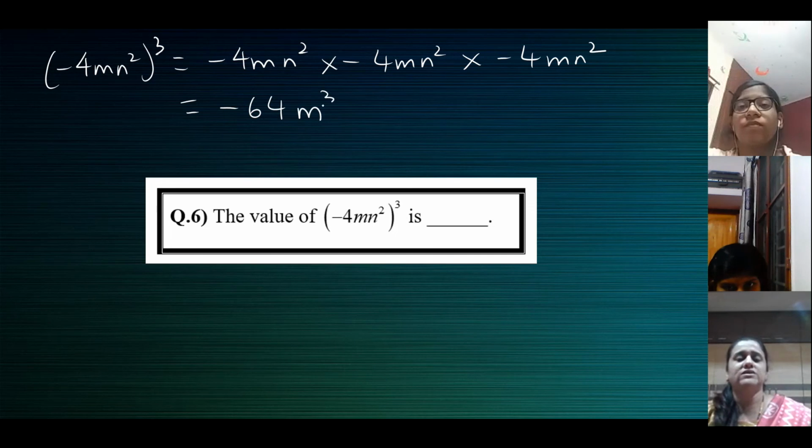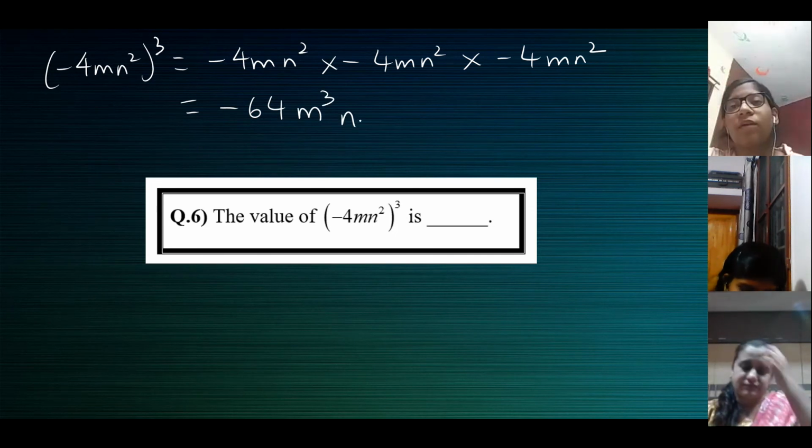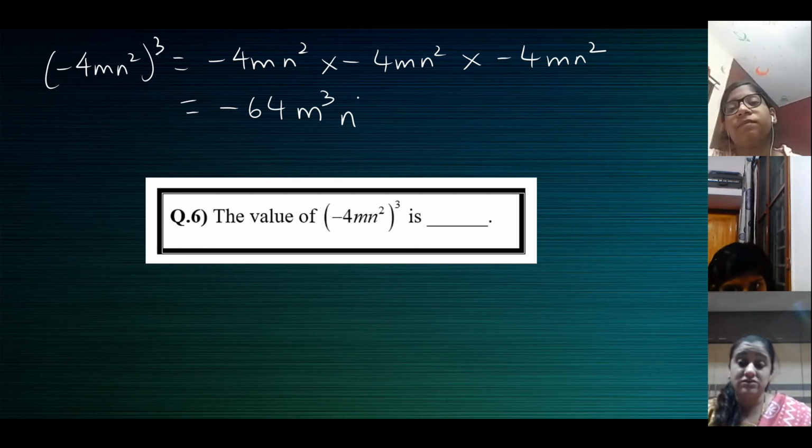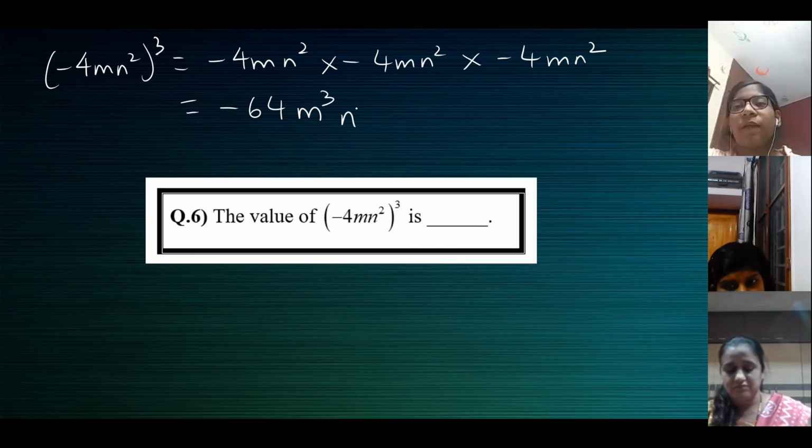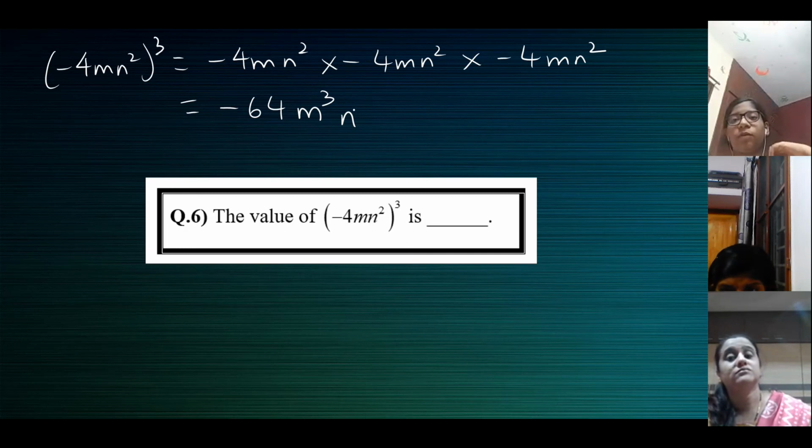Yeah, it's m to the power 3. Then n raised to the power 8, ma'am. n raised to the power 2 multiplied 3 times. 2 cube.